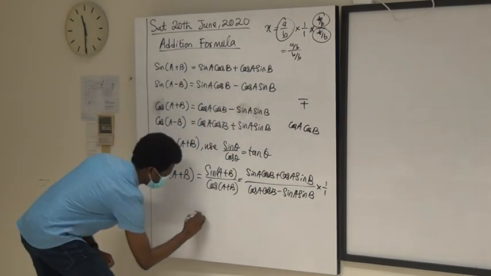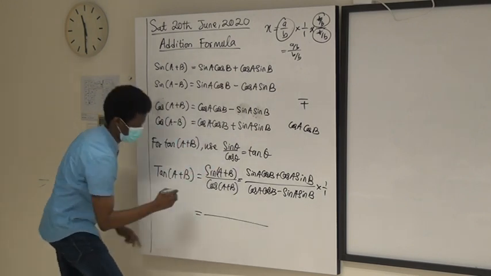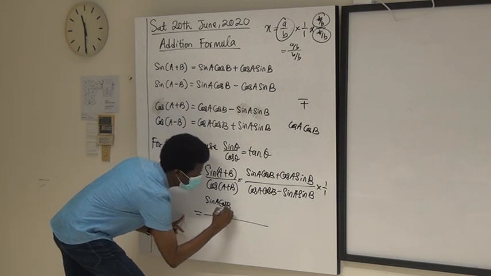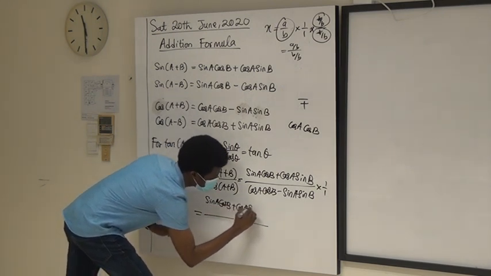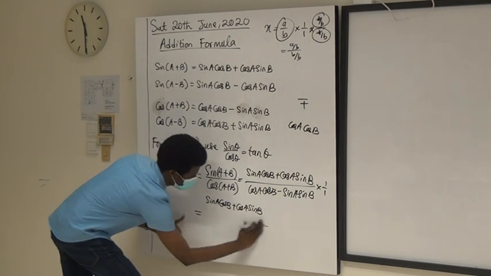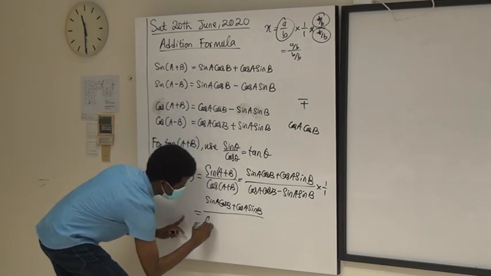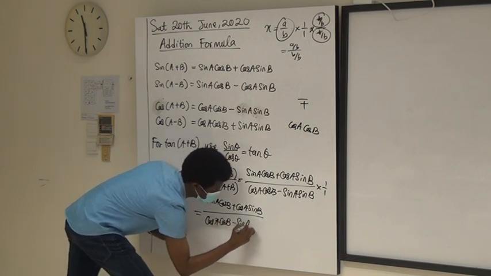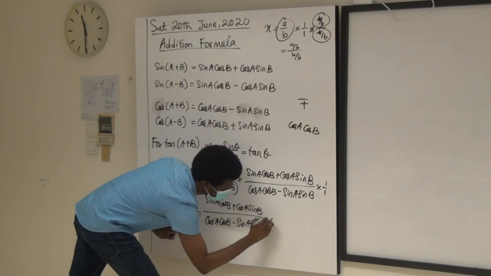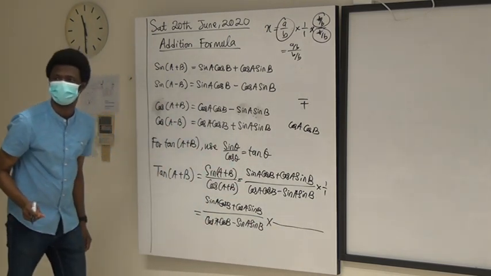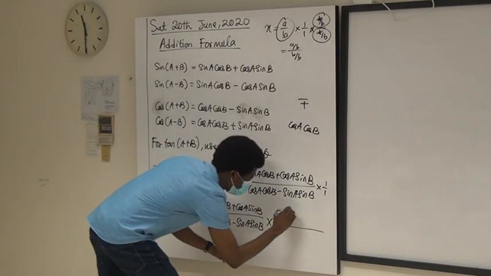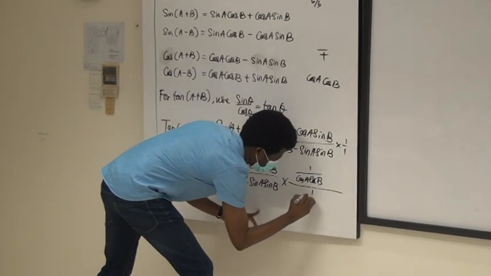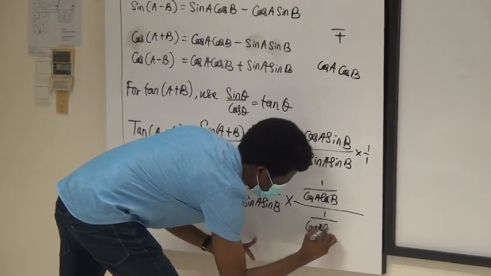So this will be sine A cos B plus cos A sine B. Then cos A cos B, do we get this part? Times 1 over cos A cos B.